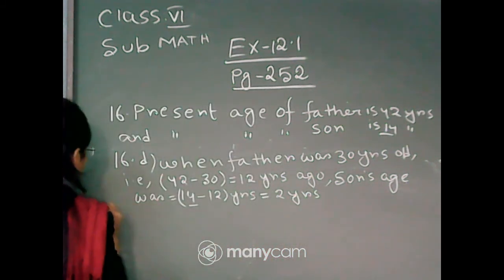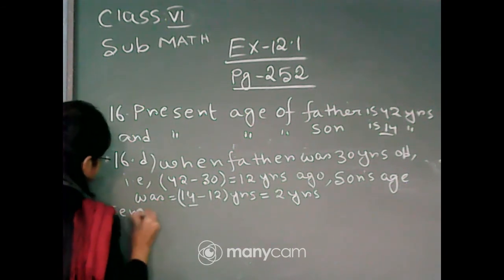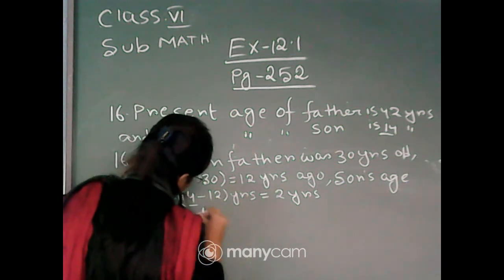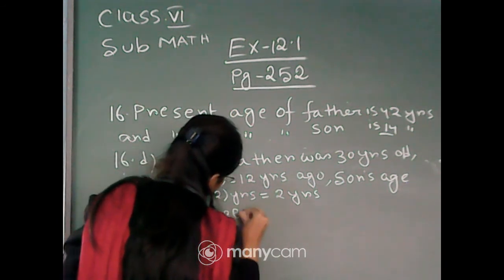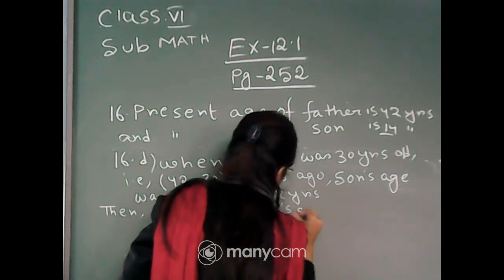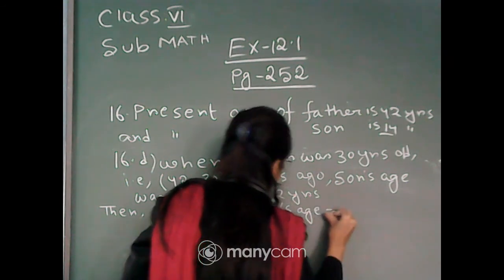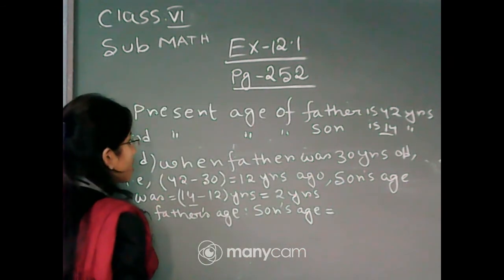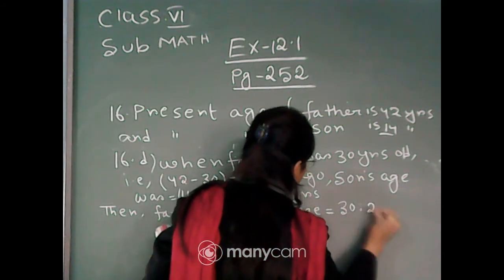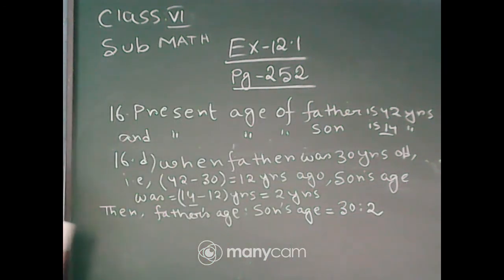And then father's age is to son's age is equal to 30 is to 2.